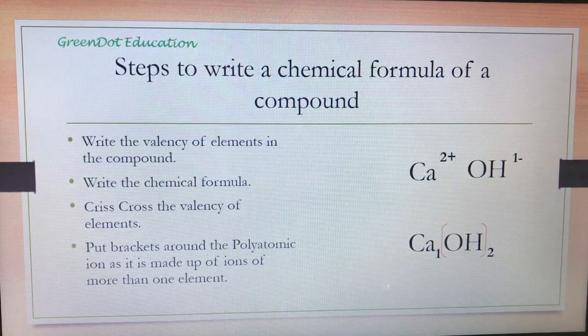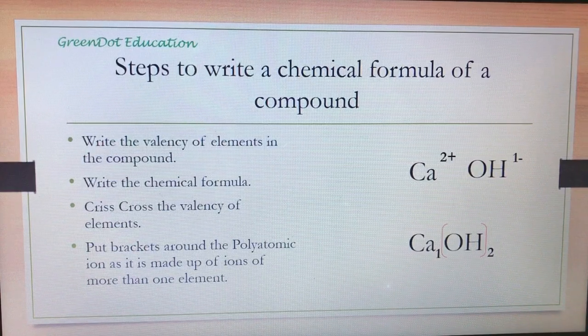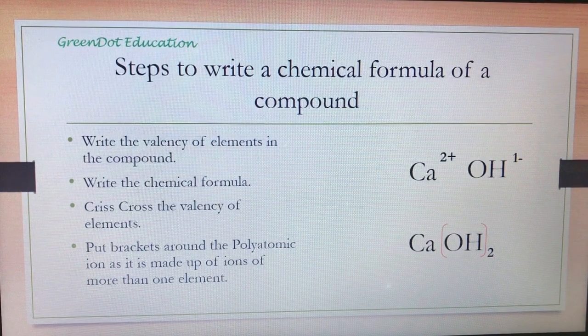So we put brackets around the hydroxide ion and then place the valency, or the number of atoms, after it in subscript, that is 2. In this way we get Ca(OH)2, and as the 1 for calcium we need not write, we get Ca(OH)2 as the chemical formula for the compound calcium hydroxide.